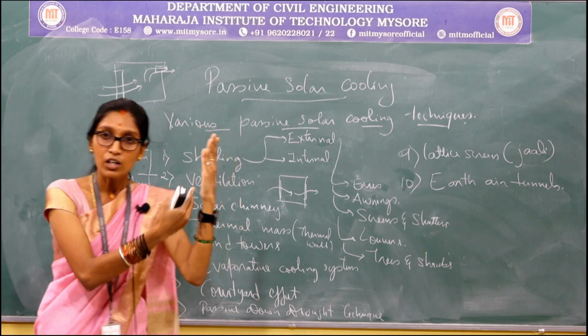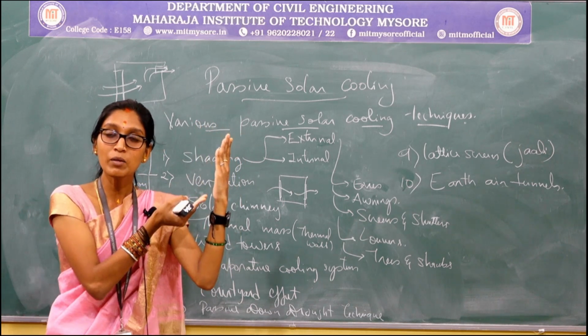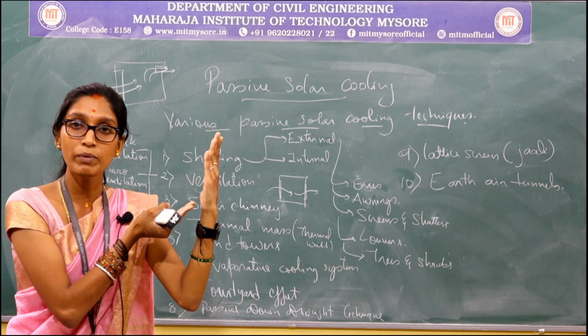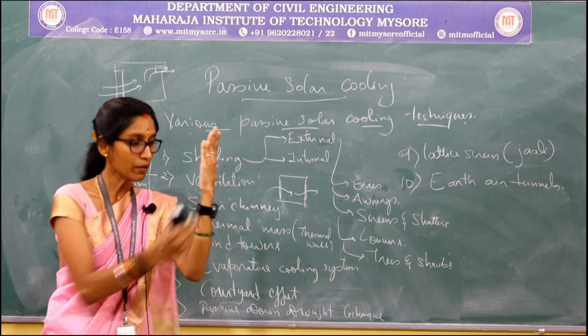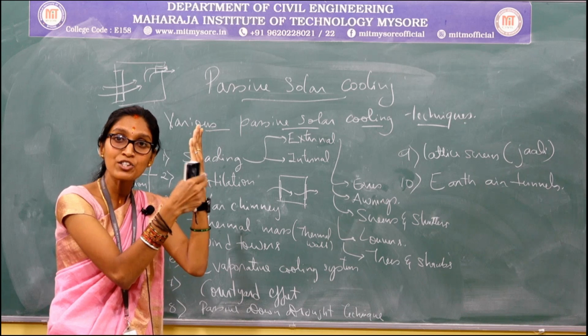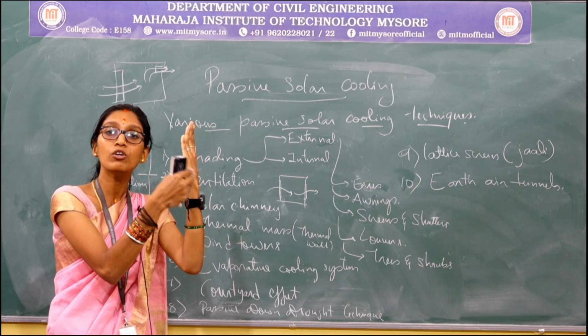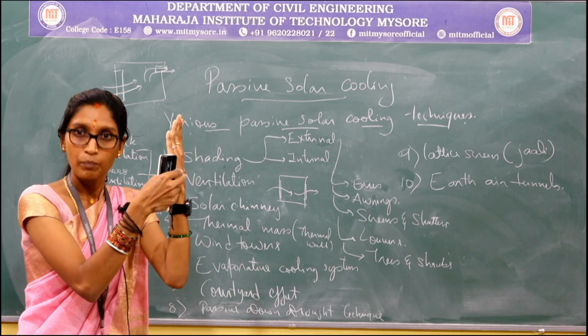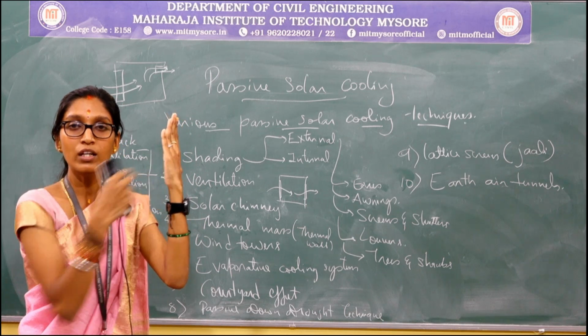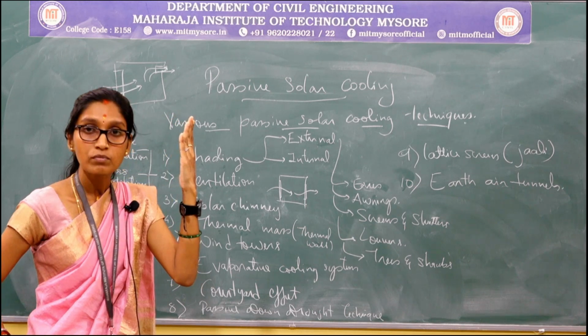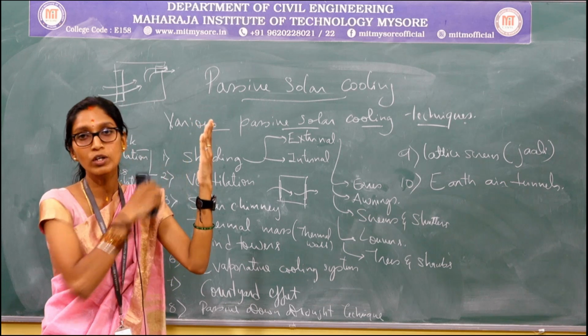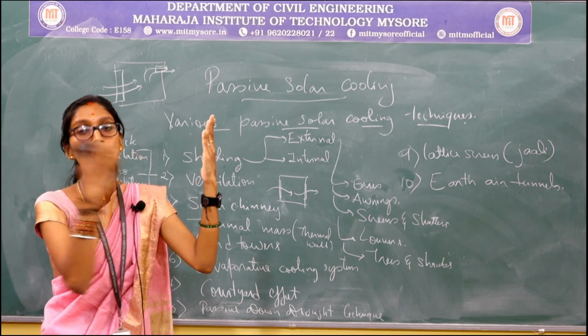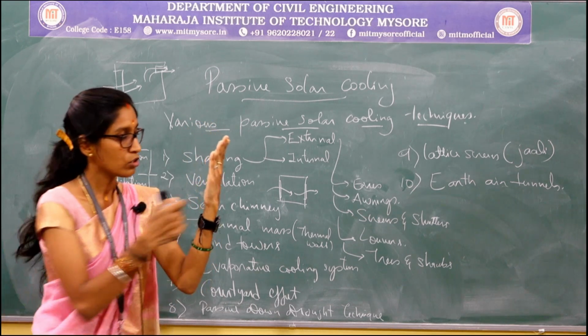So what is happening? Now did you get to know how this thermal mass can be utilized in order to cool a building? Yes. The material selection is going to play a major role in making a thermal wall in order to have a cool building.